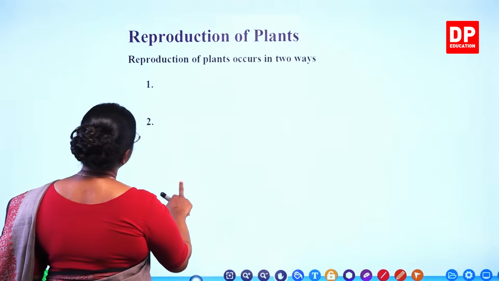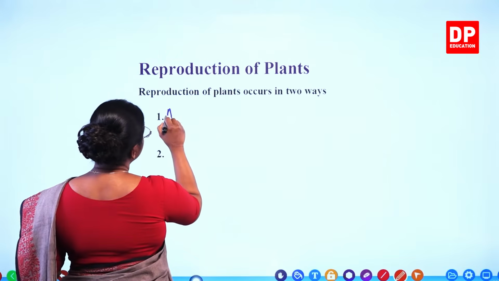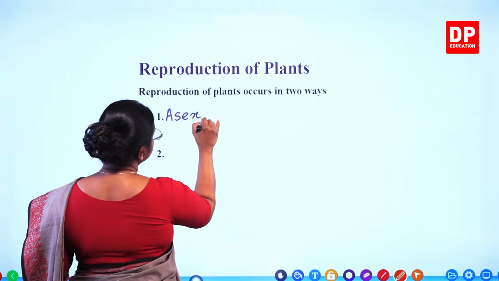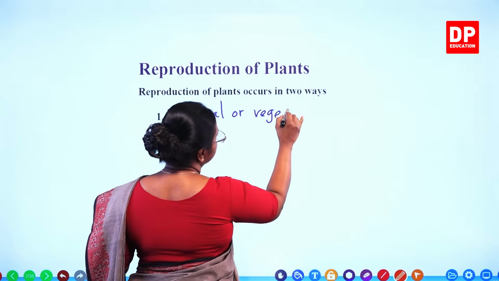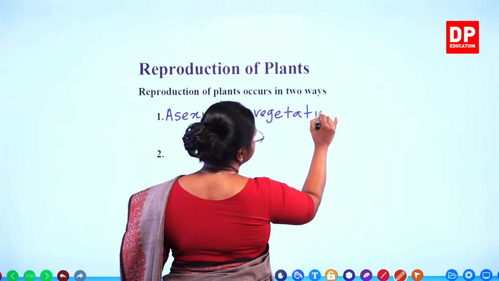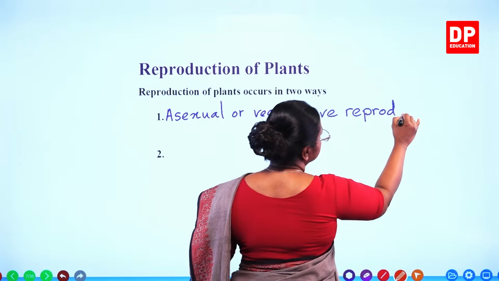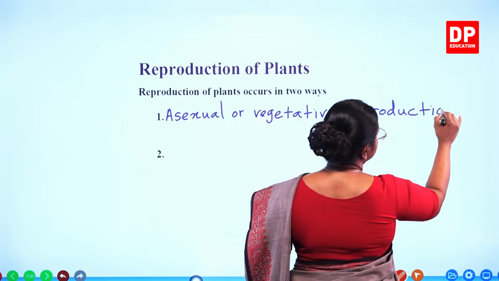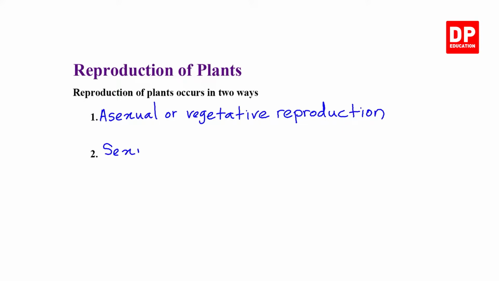So here we can say reproduction of plants occurs in two ways, asexual or vegetative reproduction, and sexual reproduction.